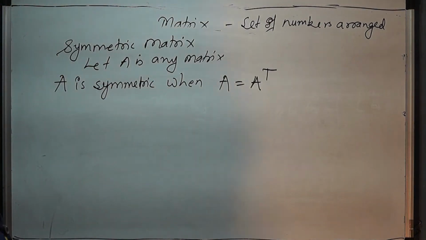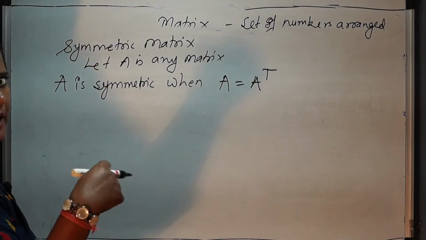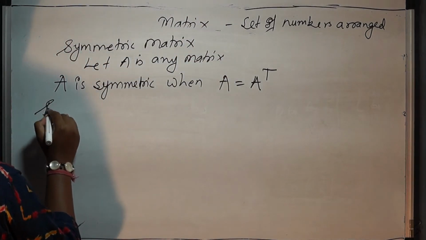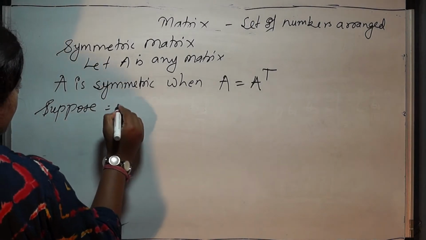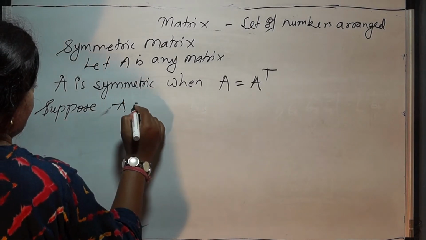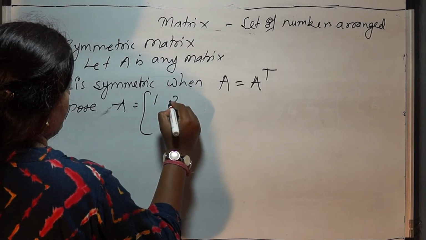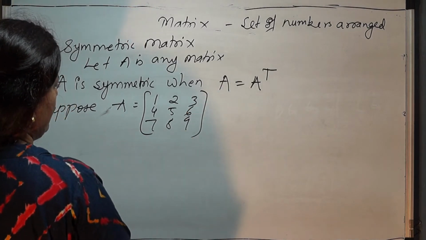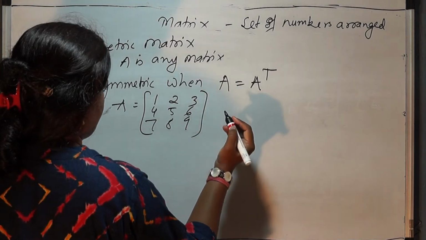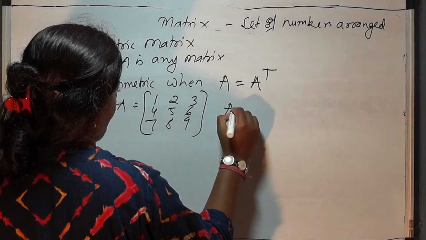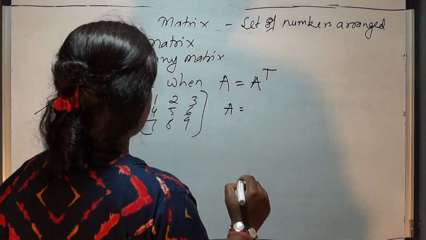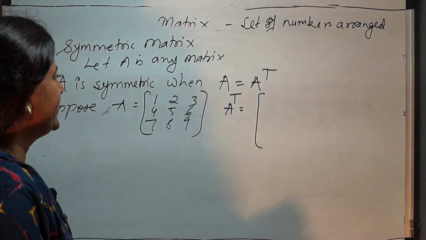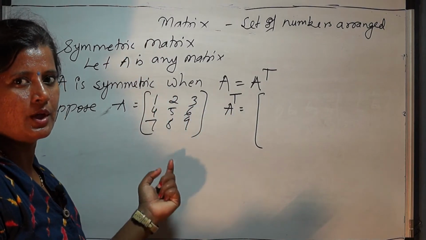Now what is A transpose? We'll take one example and you will get what is transpose. Suppose matrix A is equal to 1 2 3 4 5 6 7 8 9. So what will be the transpose? A transpose will interchange the rows to its columns.